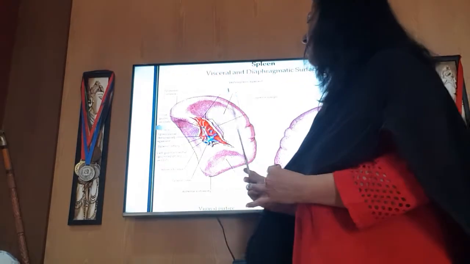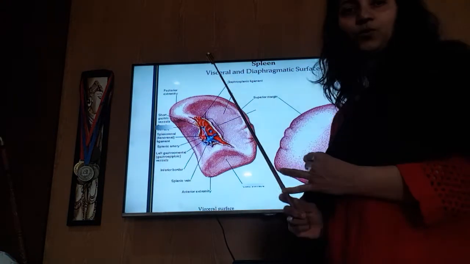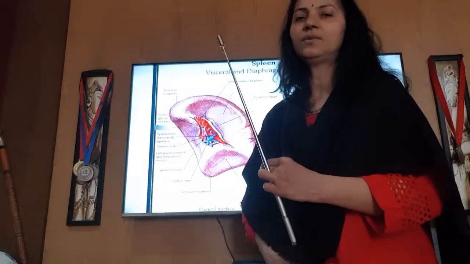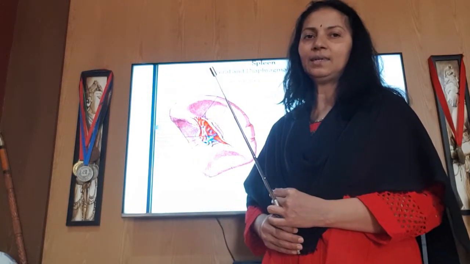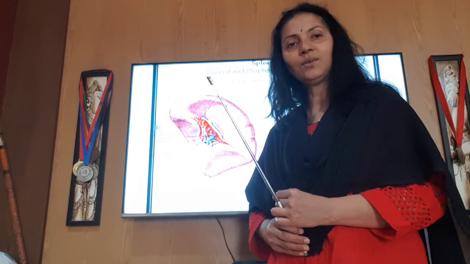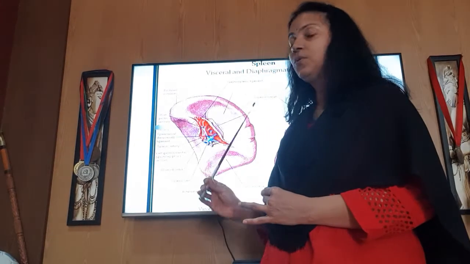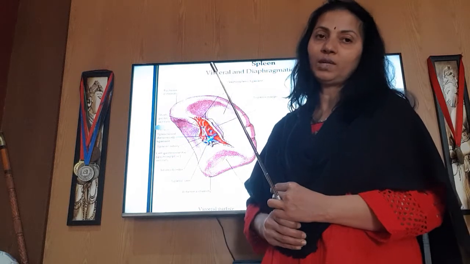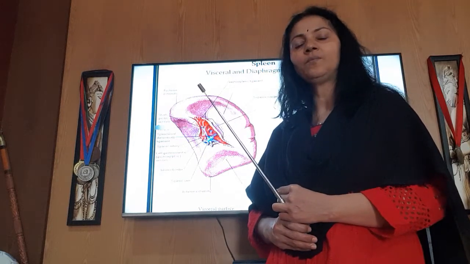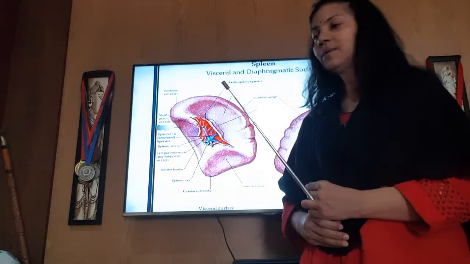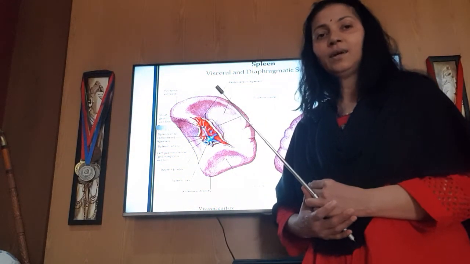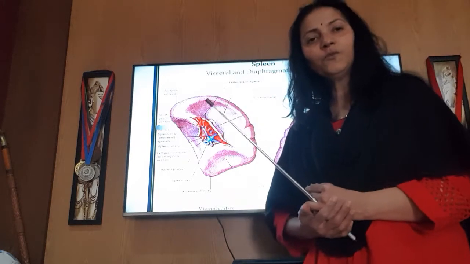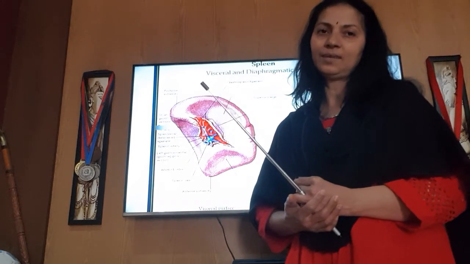And you know that the spleen is lymphoid tissue. That means its function is, one, to prevent infections. Second, in the fetal stage, it produces blood cells, so it's a hemopoietic organ also in fetus. Then in adults, that means after birth, it also acts as a sieve. It removes the damaged red blood cells.